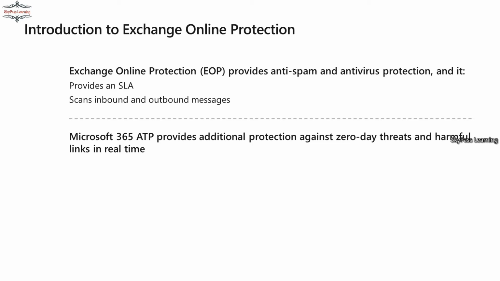Blocking of known viruses is 100%, as per Microsoft's confirmation and assessment. And uptime is 99.999% for Exchange Online Protection or ATP. ATP is included in your E5 and business plans, and in most of the plans. Exchange Online Protection is included in all the Exchange plans, so you do not need to worry about that.